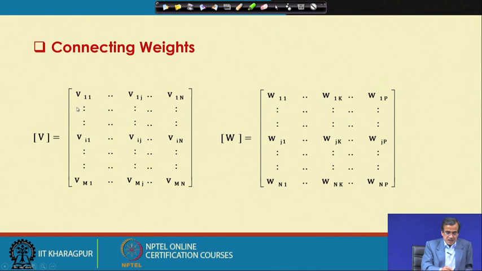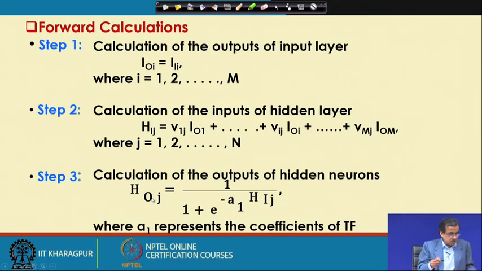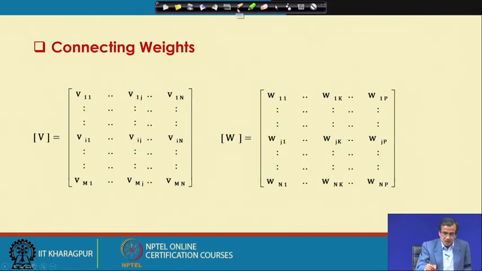In this matrix we have m number of rows and n number of columns. So, this is nothing but an m cross n matrix.